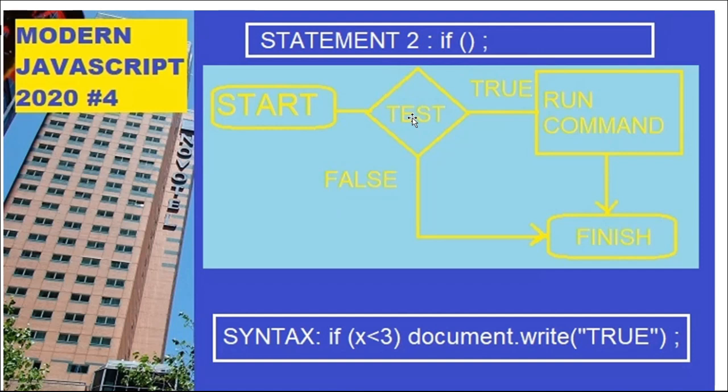If the test fails, the result is false, then we finish without running the command. The syntax will be shown as if x is less than 3, document.write true. In this case we're not using the curly brackets, which is a block, so you can just put the command straight after the test condition.